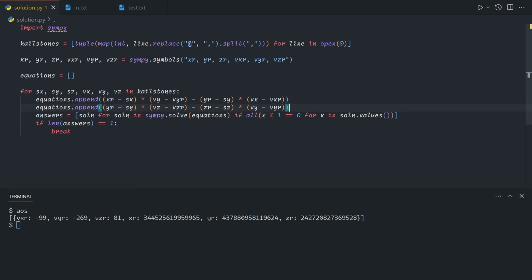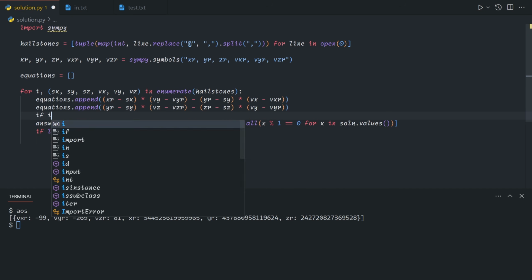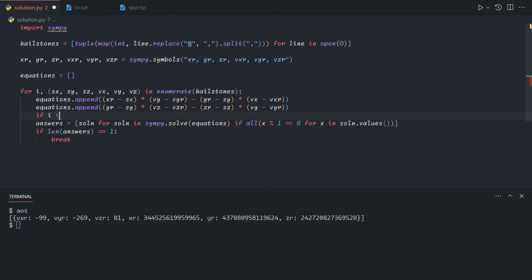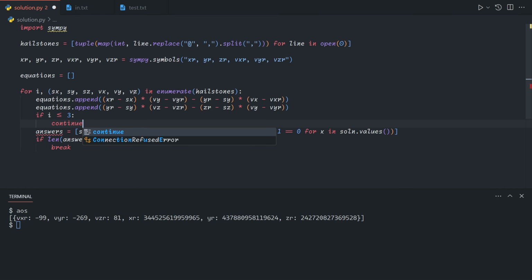Now we want to make sure we have at least 3 lines here first, because otherwise we'll find way too many different possible solutions. And so we can say for i, this thing in enumerate hailstones, if i is less than 3, sorry, less than or equal to 3, then continue.